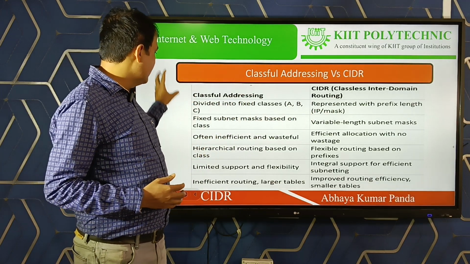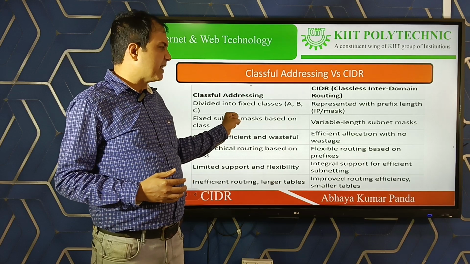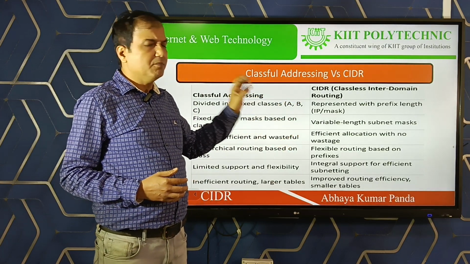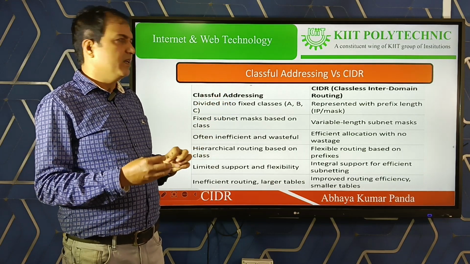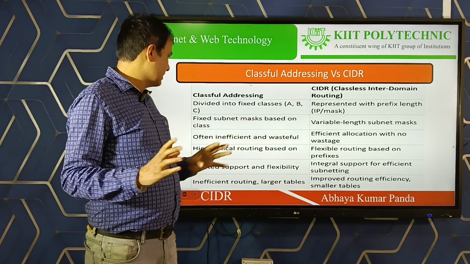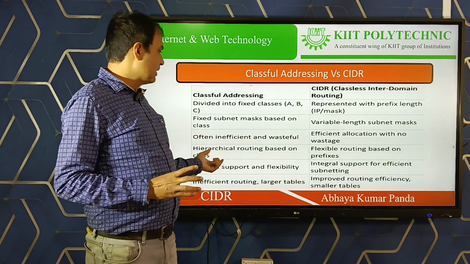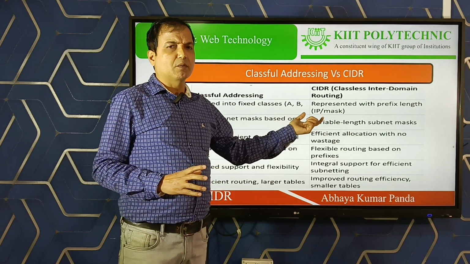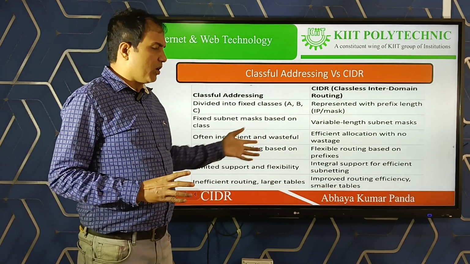Classful addressing is inefficient in most cases, but CIDR is efficient in most cases, because efficient means no wastage of IP addresses. In classful addressing the routing table size is large, while in CIDR the size of the routing table is small.